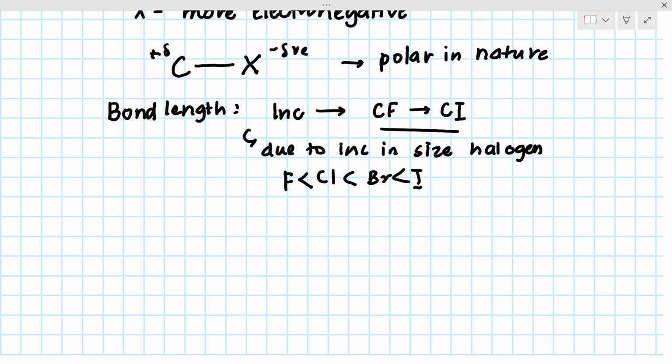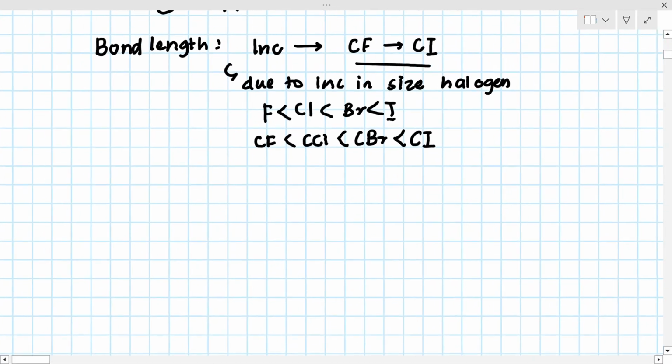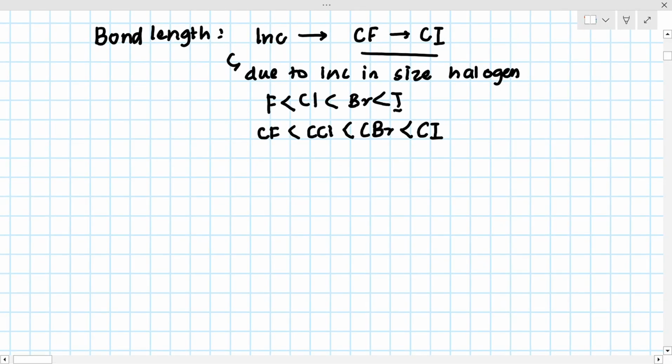Hence, this increase happens. So C-F, then C-Cl, then C-Br, and then C-I. This is the nature of the bond length, and it increases due to the increase in halogen size.